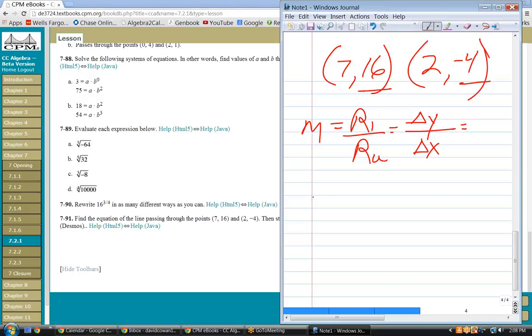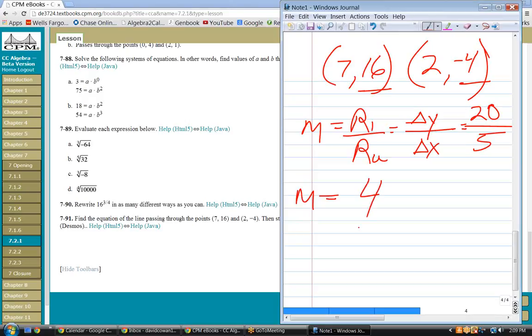But 16 minus a minus 4 is how much? 20. Okay, so that's the change in the y. What's the change in the x? 9? No, 5. 5. So the slope is plus 4.